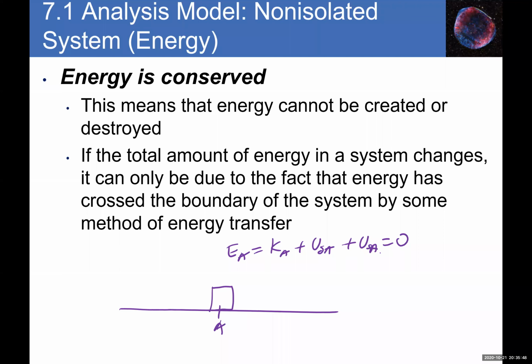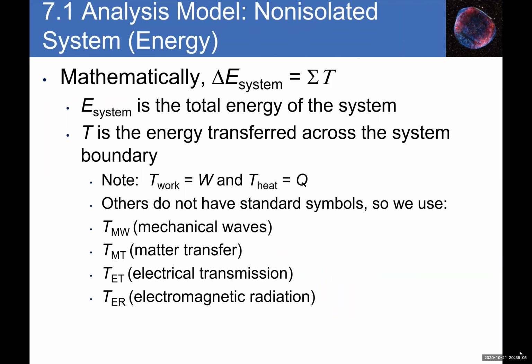The only way energy can then change is if there is a transfer of energy from some external source. That's why if you push this with some applied external force, you change the energy of the system.